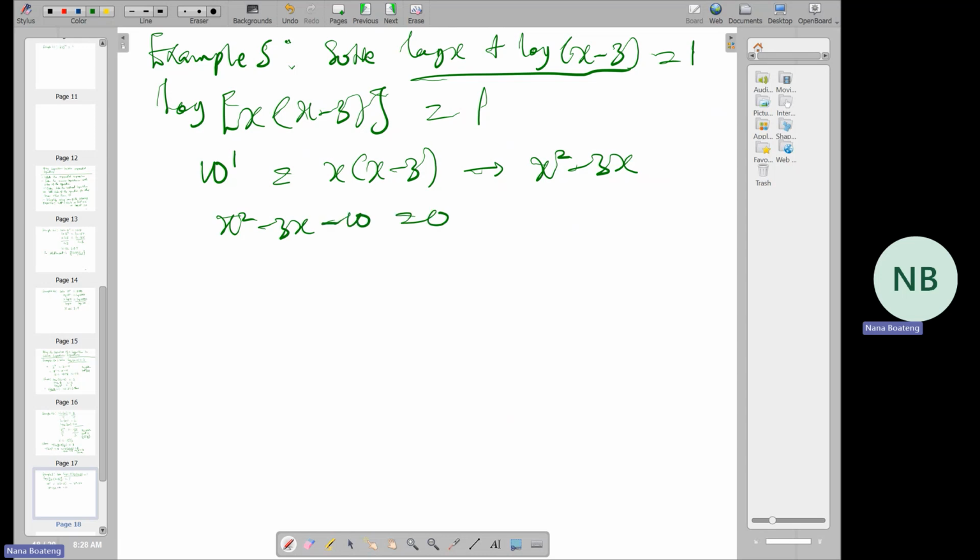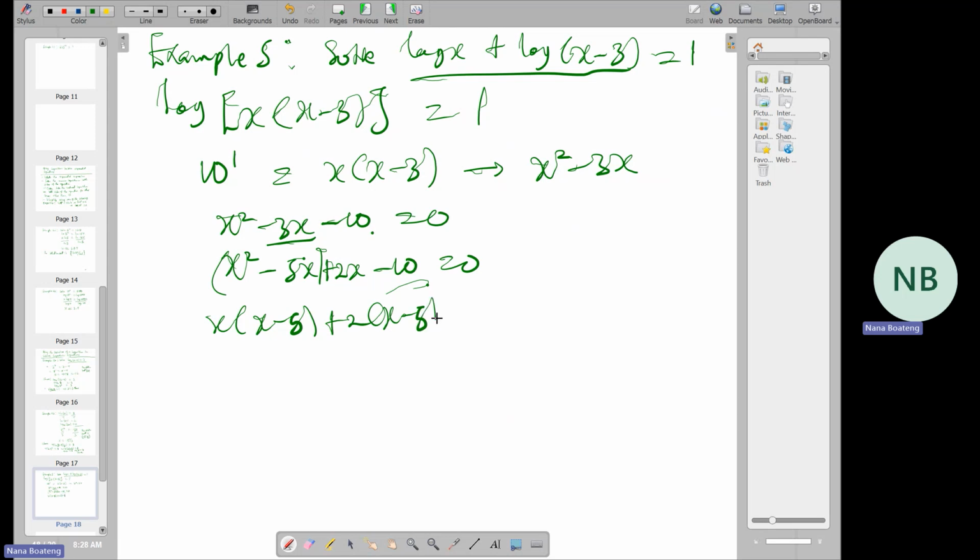So we now have a quadratic equation which we can solve. We can write negative 3x as minus 5x plus 2x, so x squared minus 5x plus 2x minus 10 is equal to 0, because the factors of 10 are 2 and 5. So here we can factor x out of the first two terms, x times x minus 5, and we can factor 2 out of the last two, so 2 times x minus 5 is equal to 0.